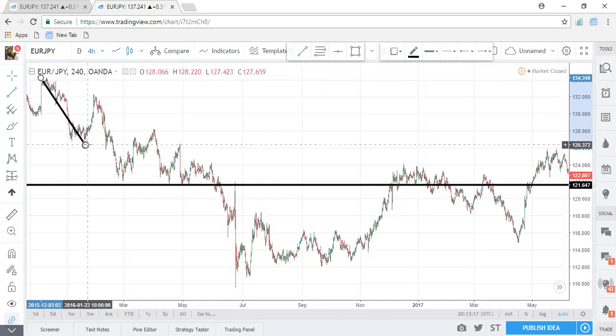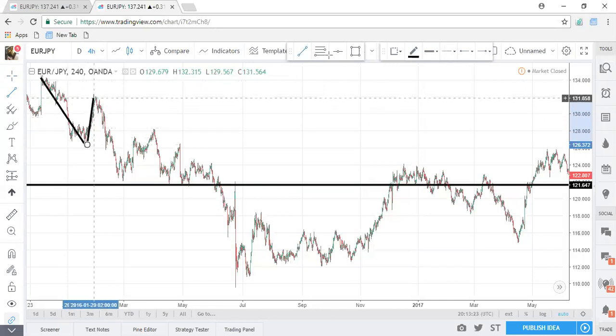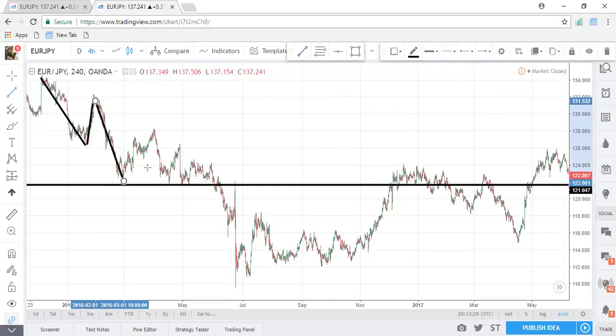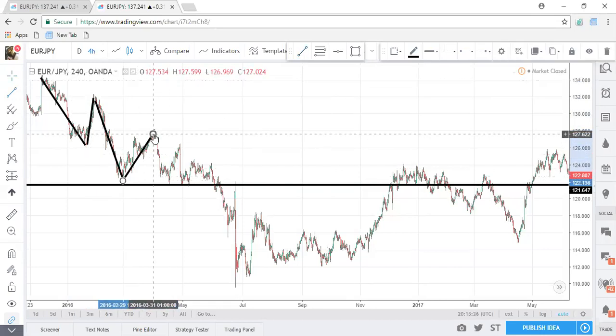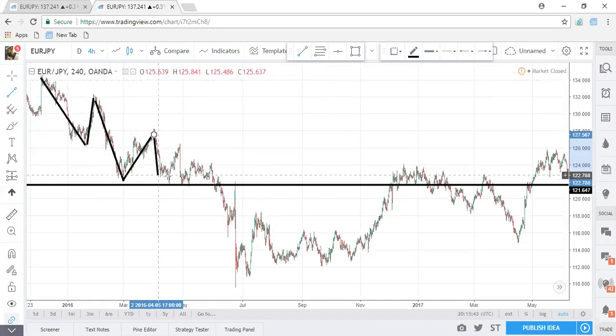So it's in a downtrend, pull back, continue down, pull back, continue down, and pull back.